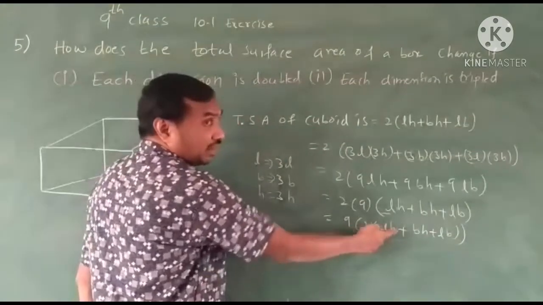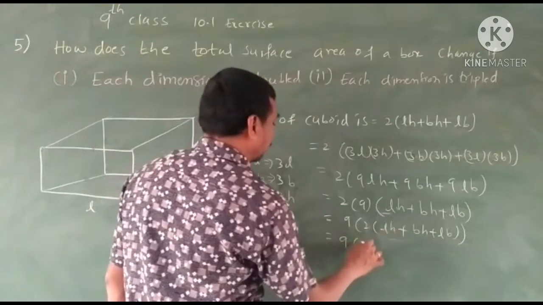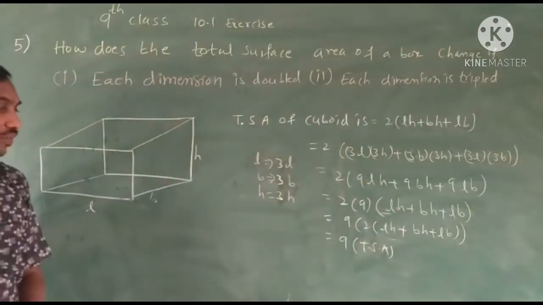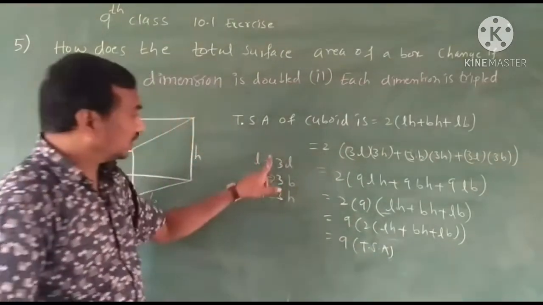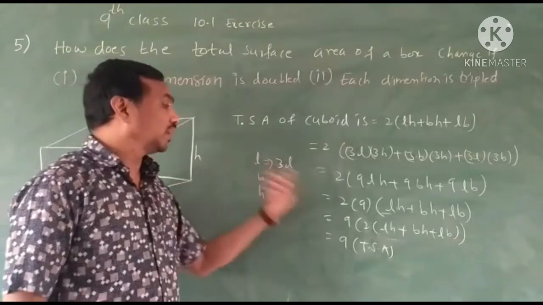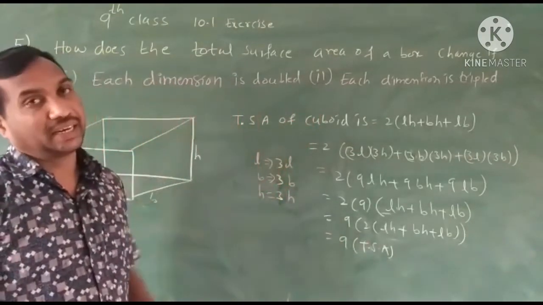So again this is nothing but the total surface area of the actual cuboid. That is 9 into TSA. Okay. What is the meaning of this one, 9 into TSA? If each dimension is tripled, then total surface area will change 9 times, increase 9 times.